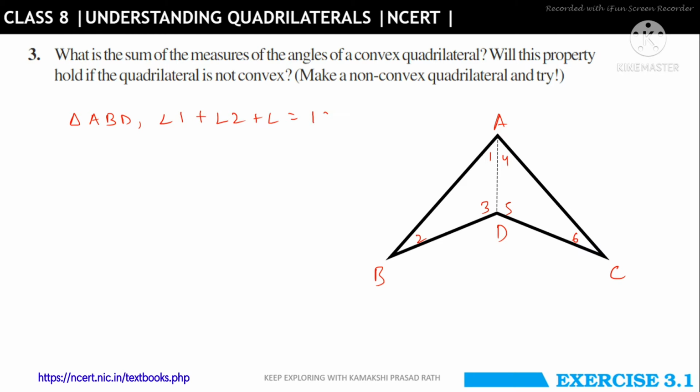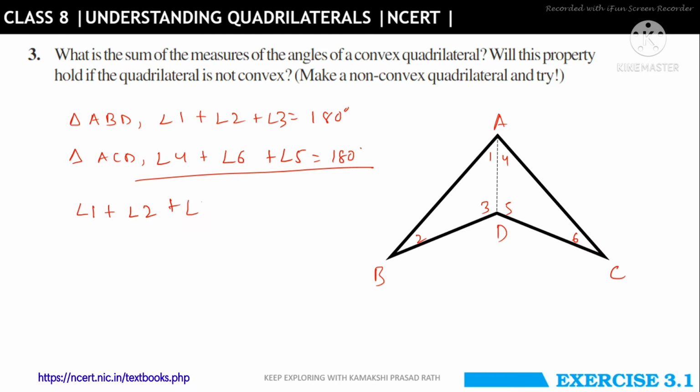In triangle ABD, same as before, angle 1 plus 2 plus 3 is equal to 180, and in triangle ACD, angle 4 plus angle 6 plus angle 5 is equal to 180 degrees. Now we'll add all of them, left side with left side, right side with right side. So angle 1 plus angle 2 plus angle 3 plus angle 4 plus angle 6 plus angle 5 is equal to 180 plus 180 degrees.